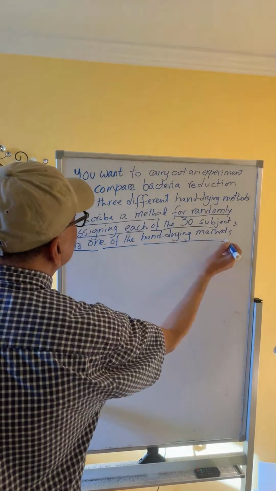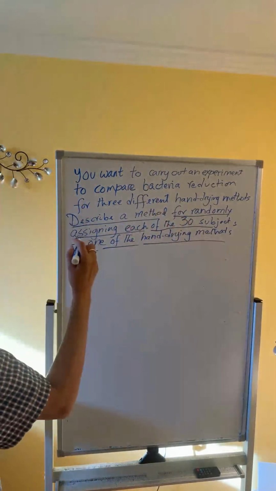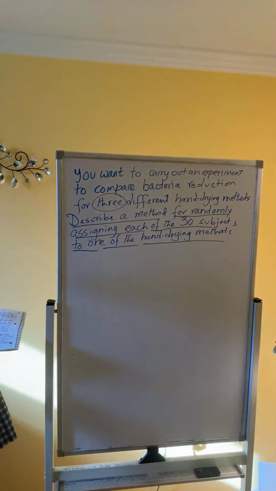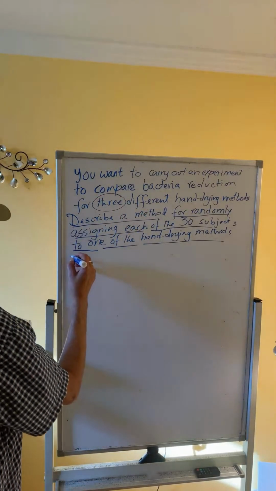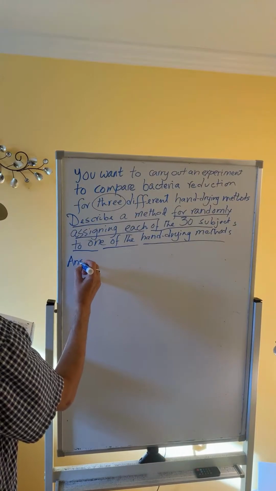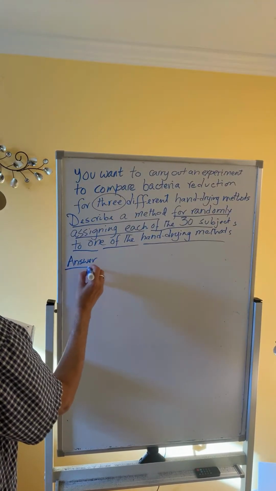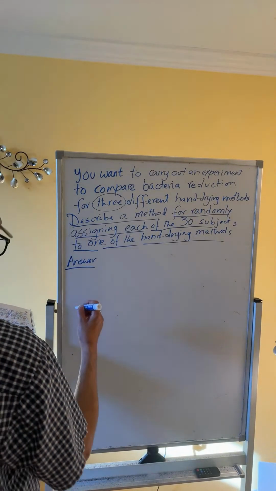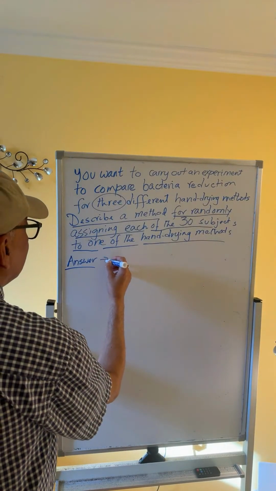Remember, there are three hand drying methods. So, what is the procedure you can follow to randomly assign 30 subjects to one of the three hand drying methods? So, answer.